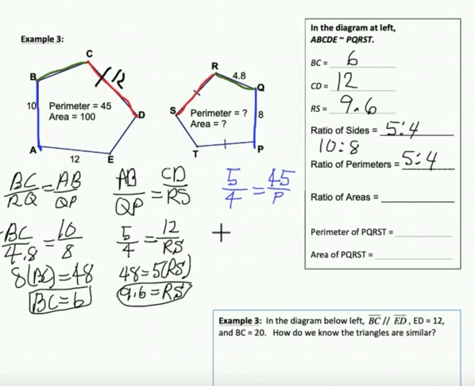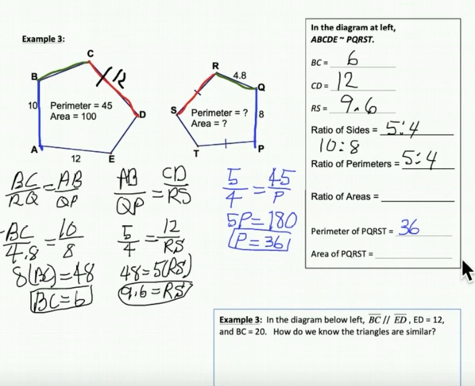That will give me 5 times P is equal to 45 times 4, which is going to give me 180. And to just divide each side by 5, and 180 divided by 5 will give me 36. So the perimeter of the smaller figure then, PQRST, is 36.